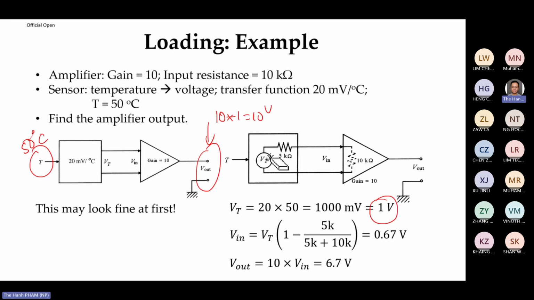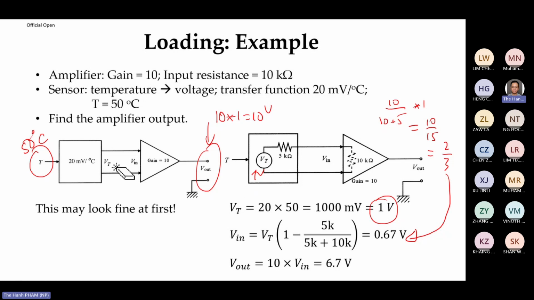So you will see, right? The voltage here you have is 1 volt, but this 5K and this 10K are in series. 5K is the internal resistance of the sensor. So the voltage you get here is 10 over 10 plus 5 times 1, which is 10 over 15, which is 2 over 3. 2 over 3 is nothing but just 0.67.